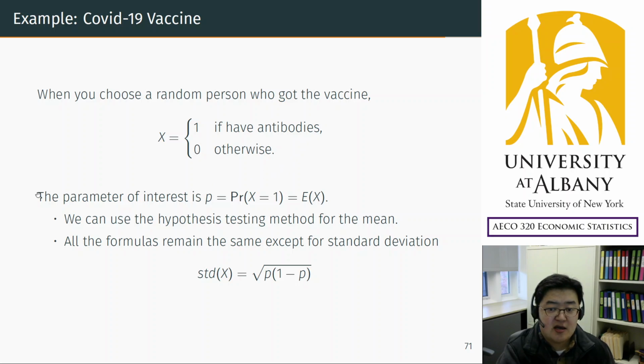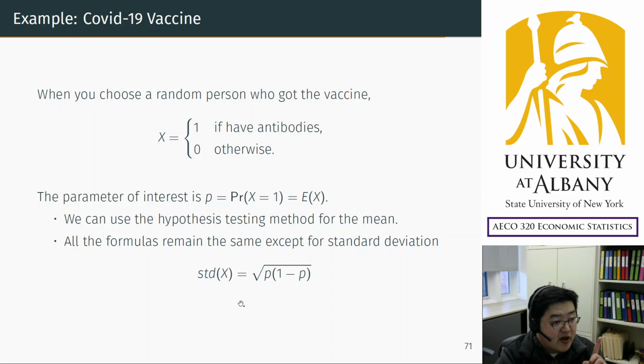In this case, again, this is a binary distribution. Remember, in binary distribution, the probability of success equals the population mean. So you may use the methods for population mean in this case, by interpreting the parameter as a population mean.